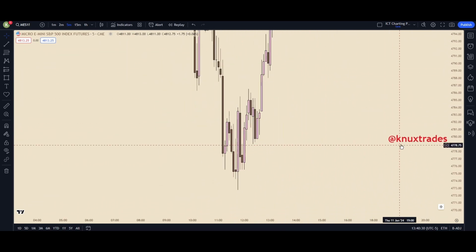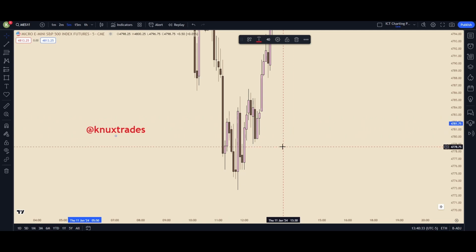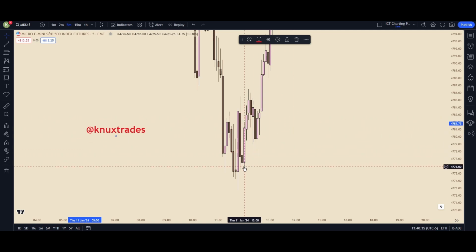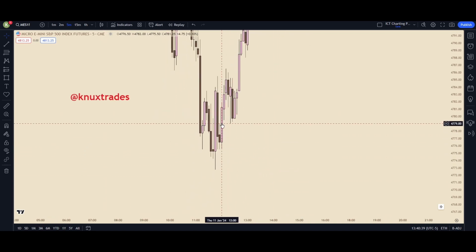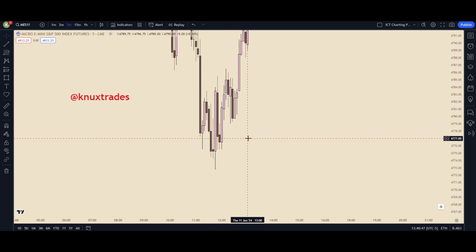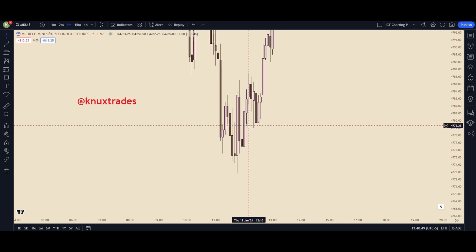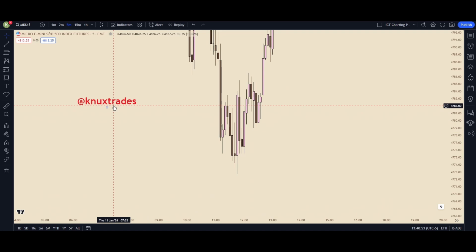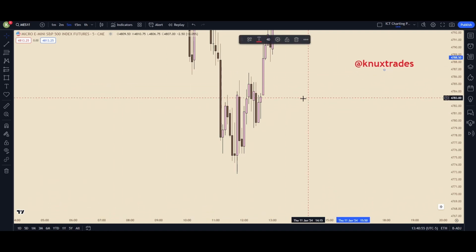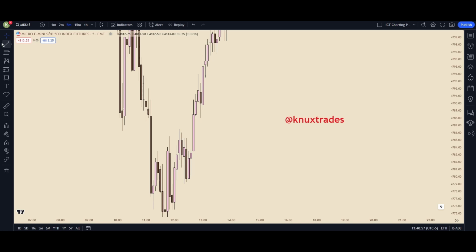Okay, January 11th at 12:40. So right here, you're going to see this fair value gap right here that plays out. This is our less risk entry. I'm not going to draw this out, but if you know how the less risk entry model works, I'll leave it right here for a second so you can envision this less risk entry and maybe quiz yourself on it after learning what the less risk entry is.